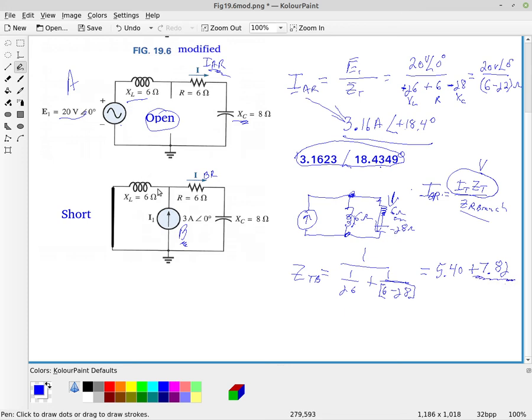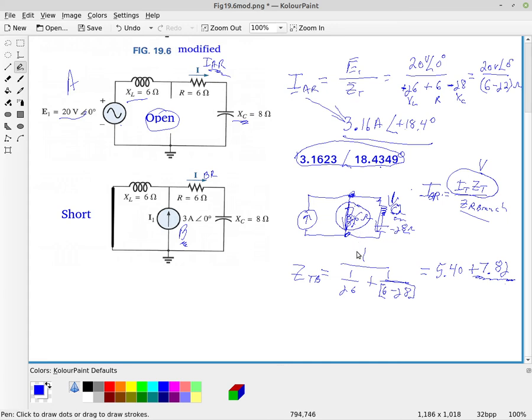Notice in this circuit the inductor has a smaller impedance. Remember, current follows the path of least resistance, and this is just 6 ohms, where this is 6 ohms of resistance plus another 8 ohms of reactance, so this is the path of least resistance.